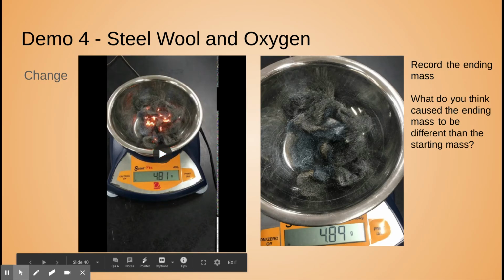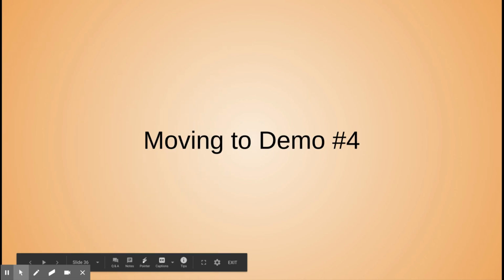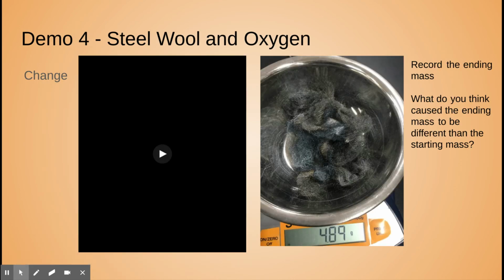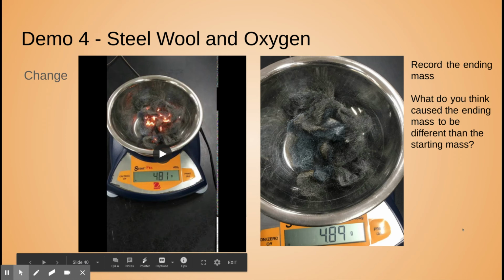All right, so here is the picture on the right for your after observations as well as for the mass. So you can look closely. You want to look closely in here at some color changes that are going on, and you might be able to see a texture change as well.